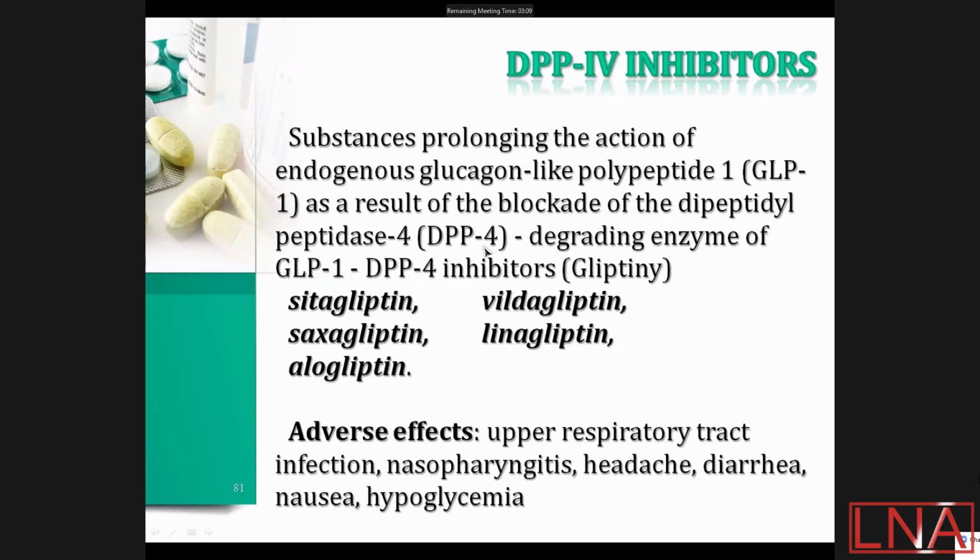And all these substances end in gliptin, like sitagliptin, saxagliptin, vildagliptin, linagliptin. Sometimes they might be called gliptins. They also produce general side effects like headache, nausea, diarrhea, hypoglycemia, typical side effects for anti-diabetic drugs, and infections of the upper respiratory tract.